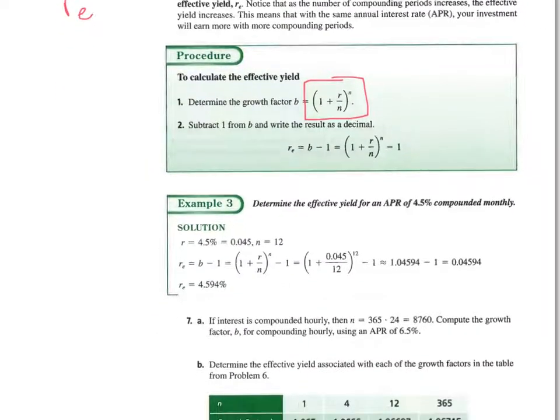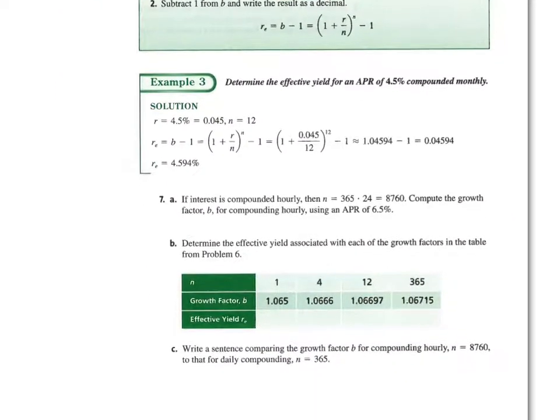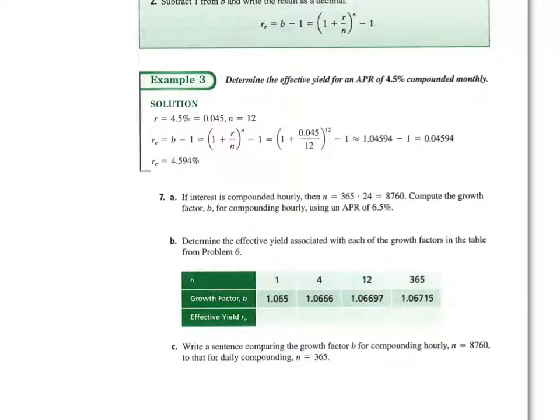All right, here's another example. I'm going to jump down to 7a, because example 3 they walk you through, so you can go back and look at that one. If interest is compounded hourly, which means n is 365 times 24, compute the growth rate for that. We figure out our b: it's going to be 1 plus our rate, still 0.065, divided by the number of times compounded yearly, 8,760, raised to that same power.